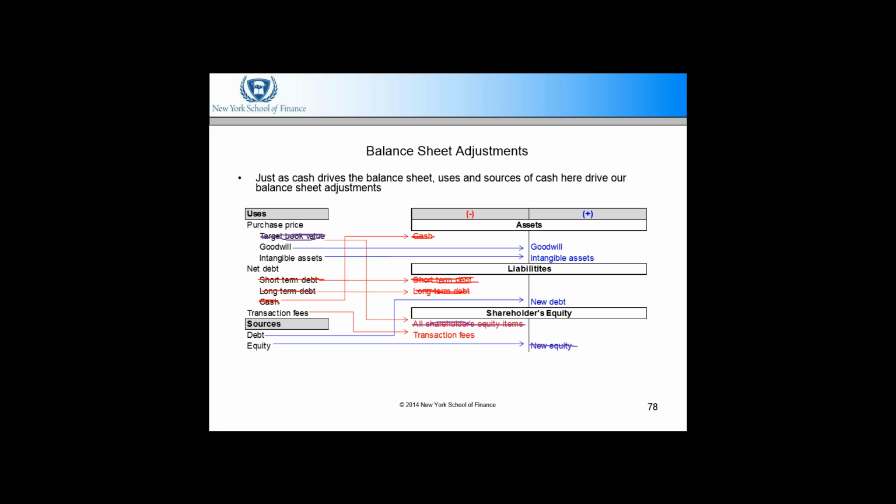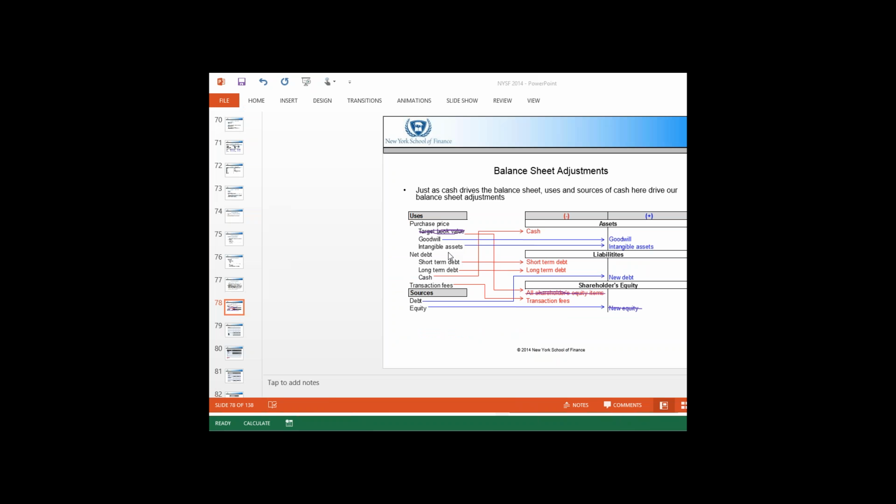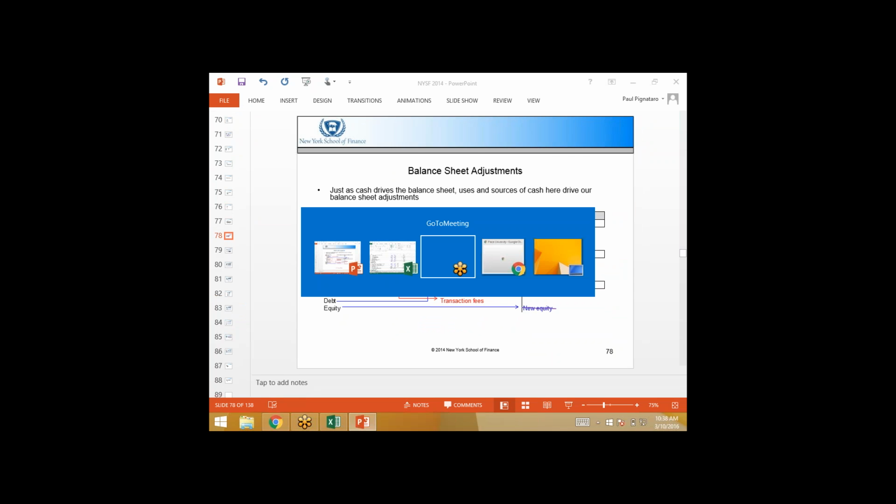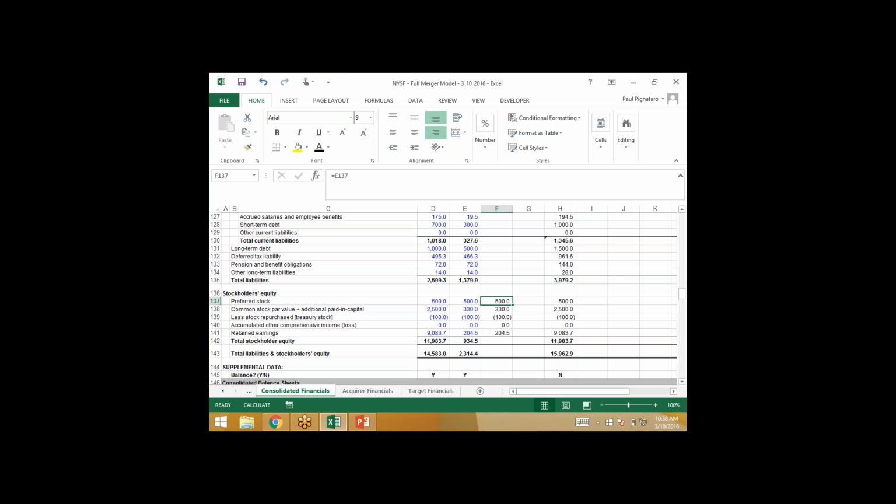So in the model, we will debit out the long-term debt. Debit out the short-term debt.